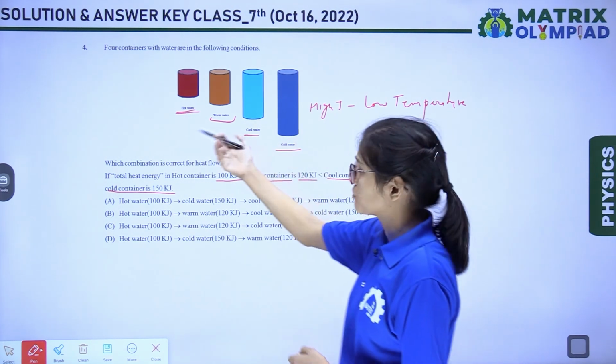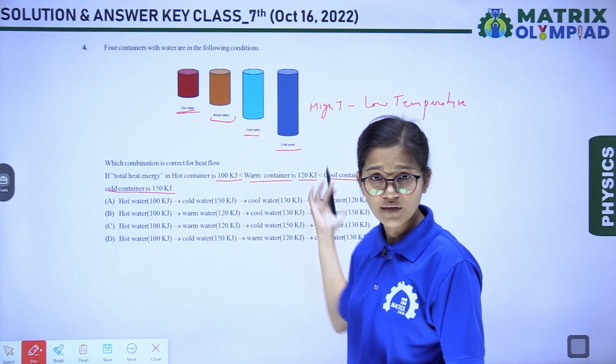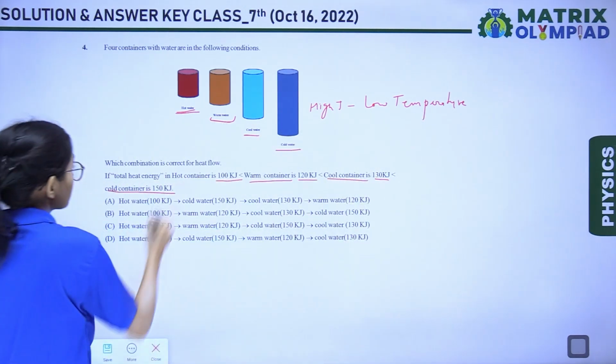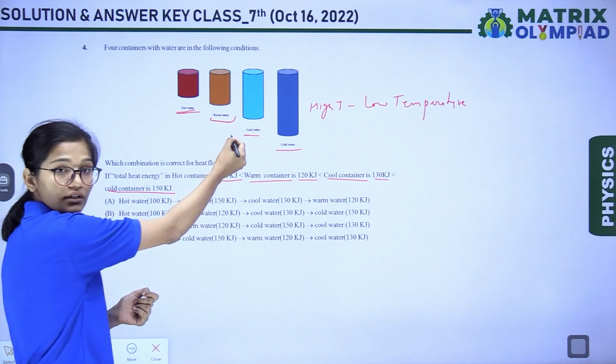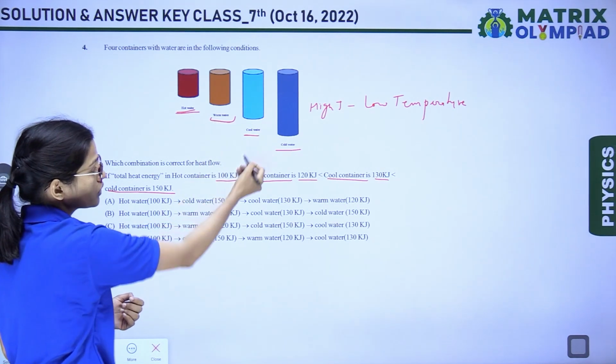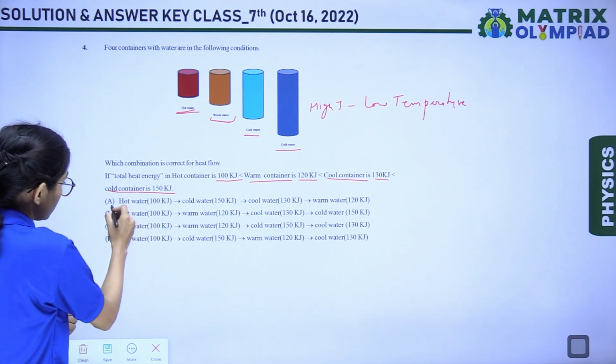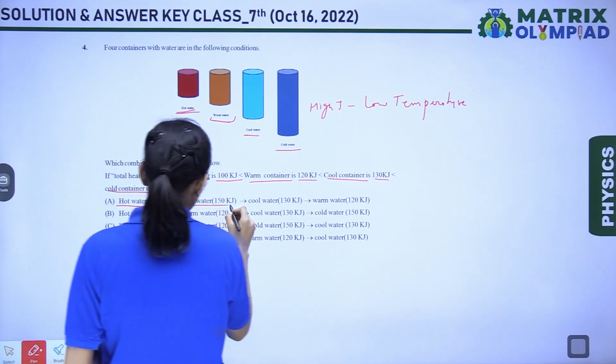So the heat energy will be transferred from higher temperature to lower temperature. Basically the energy will transfer from hot water to warm water, then warm water to cool water, and then cool water to cold water. Let's see our answer. In option A, hot water to cold water, no.